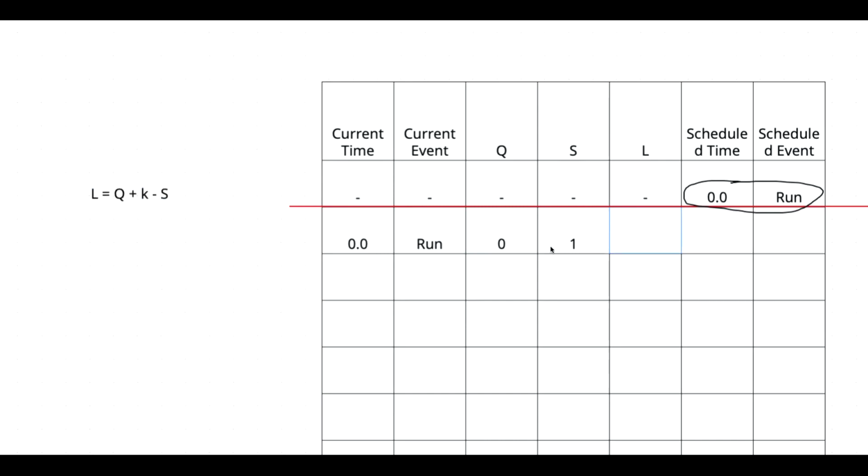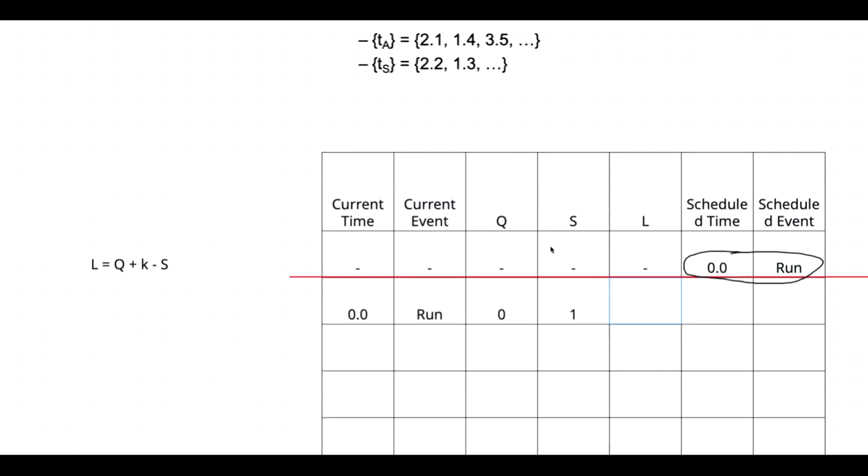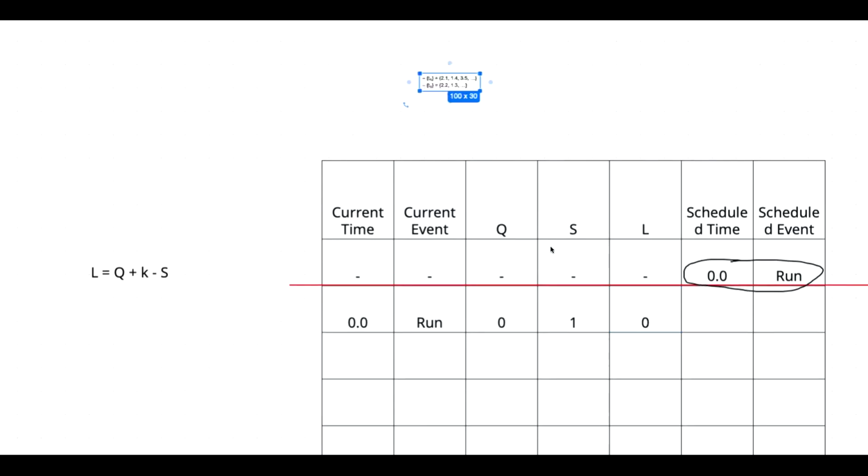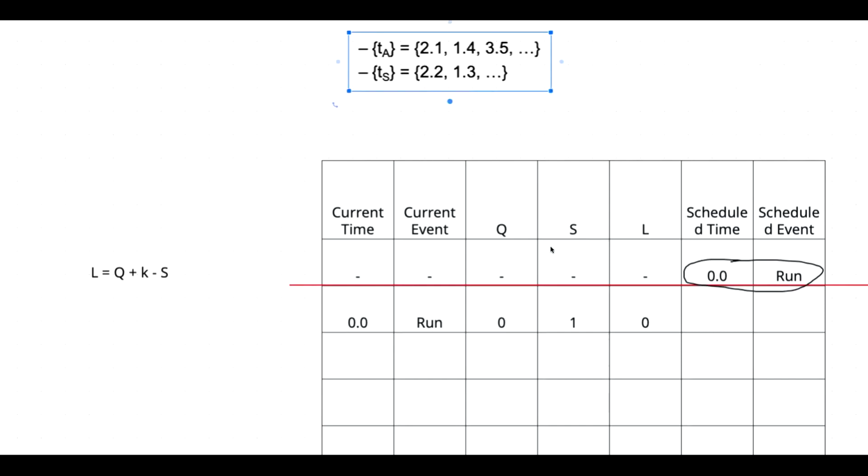Okay, so now what else does the run event do? It schedules the first arrival with the delay of the arrival time. So what's the first arrival time? Can I move this down? Oops, down. Can't I move you? Oh. Okay, the first arrival time is 2.1.